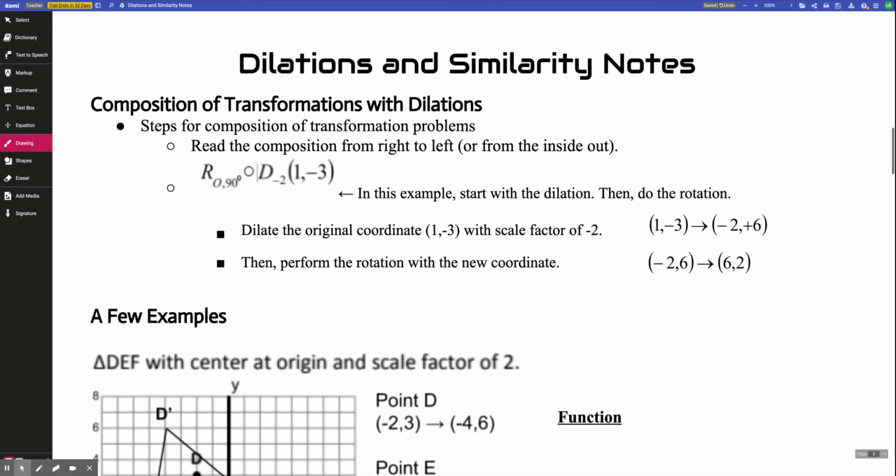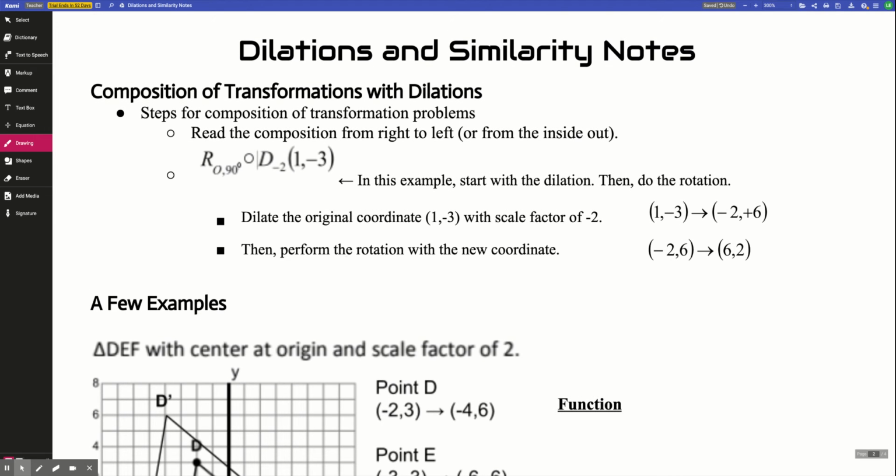The last little thing before I do some examples is that we can do compositions of transformations with dilations as well. We've done these previously with translations, reflections, and rotations. A composition of transformations is when you do more than one transformation in a row on the same shape.